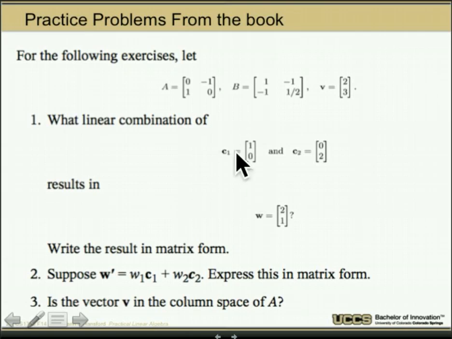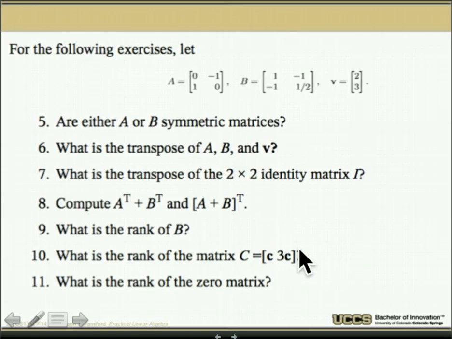So, given some matrices and vectors, be able to do things like find a linear combination of these vectors that results in that, write it in matrix form, express equations in matrix form, know if a vector is in a column space, and answer questions like, is it symmetric, what's the transpose of this matrix, that matrix. Compute some very basic addition, subtraction, multiplication, and answer questions about rank. There's a lot of terminology.